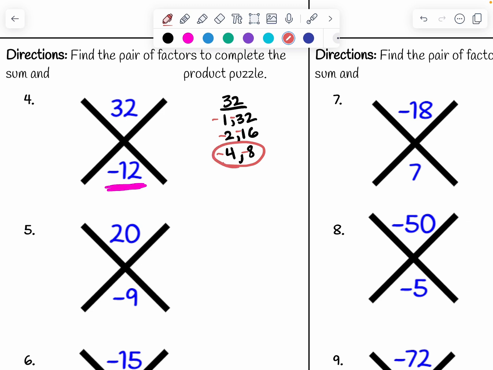That would be negative 4 plus negative 8 is negative 12. So negative 4 and negative 8. When you multiply a negative times a negative, it does give you this positive 32. When you add two negatives, your answer is negative. So we have negative 4 times negative 8 is positive 32. Negative 4 plus negative 8 is negative 12.